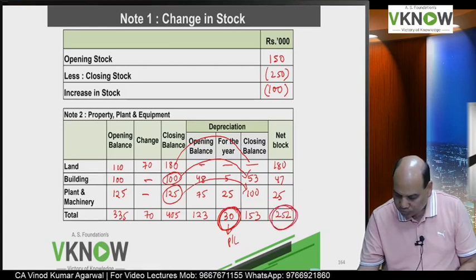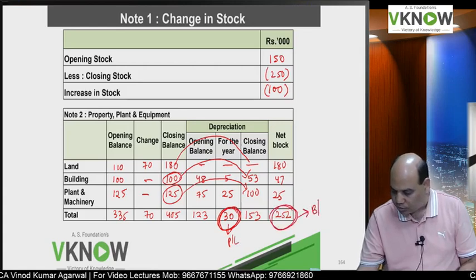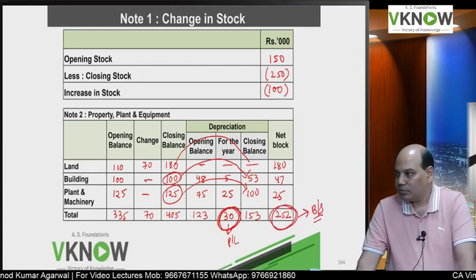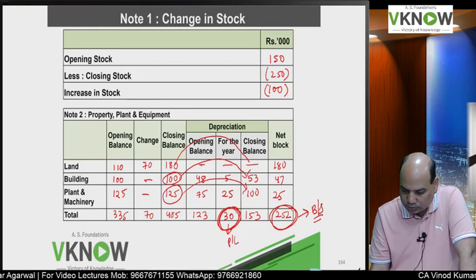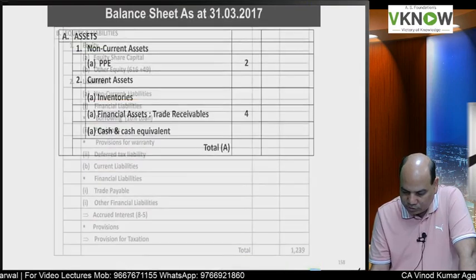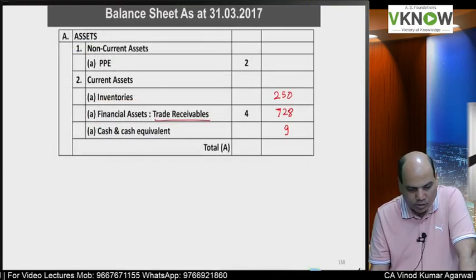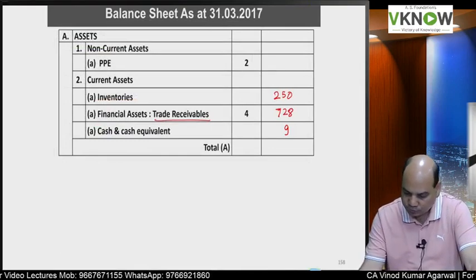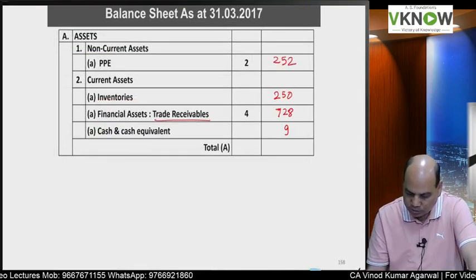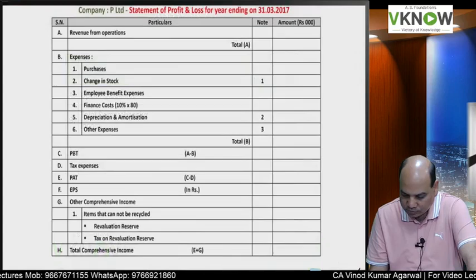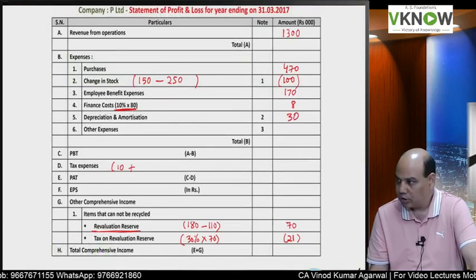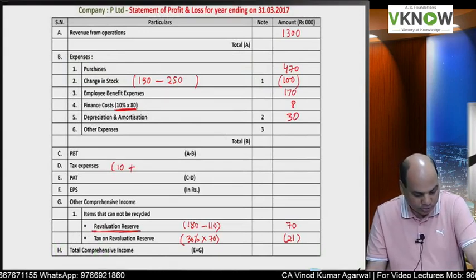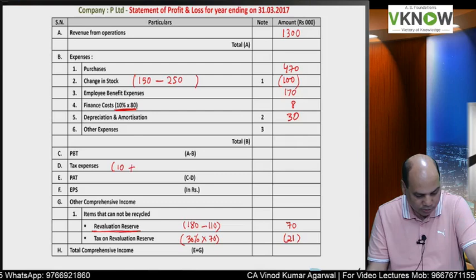Net block closing balance will go to balance sheet. Is it right? So please come to balance sheet. PPE, how much you got? 252. And P&L account depreciation 30 here. Adjustment number 3 is not required. No purchase or sale of non-current asset.